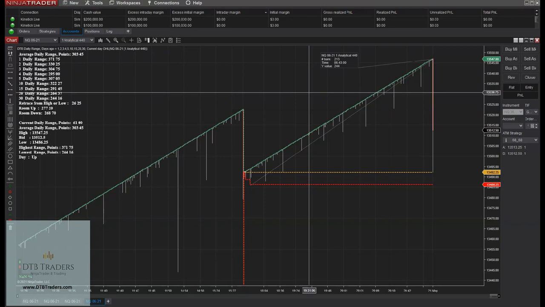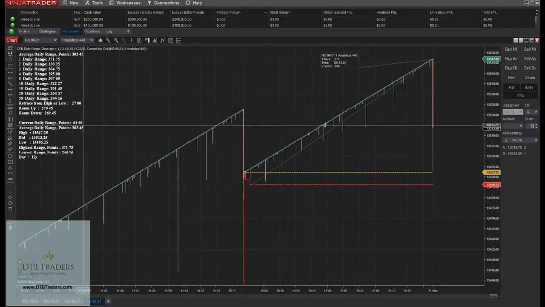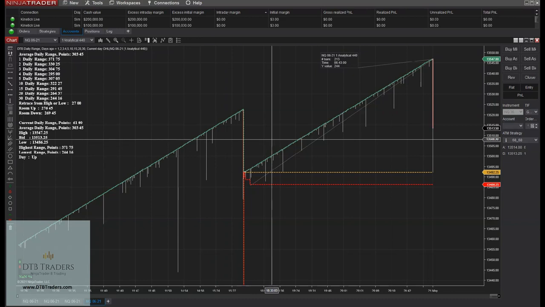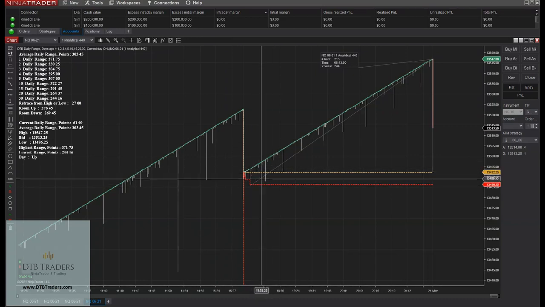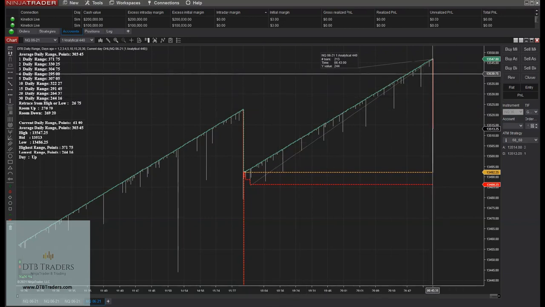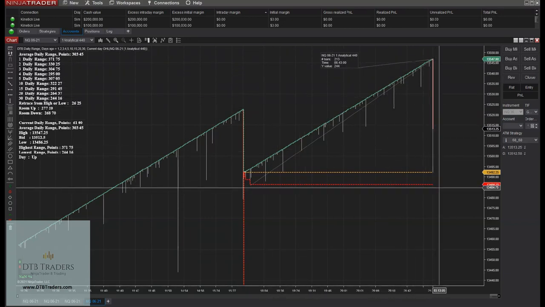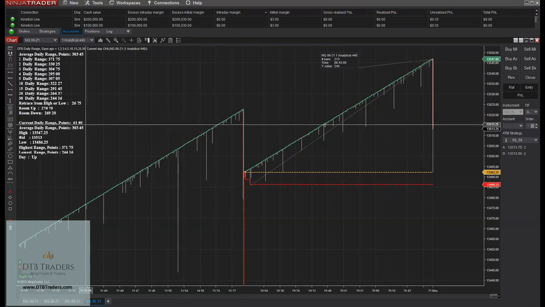So if you take 244 ticks and divide that by 4, it's 61, and that's the current daily range, 61. So that's how far the price has traveled from its low to the high. And if the price started high and was coming down, it'll be from high to low. So that is just the range of the price that has moved today.